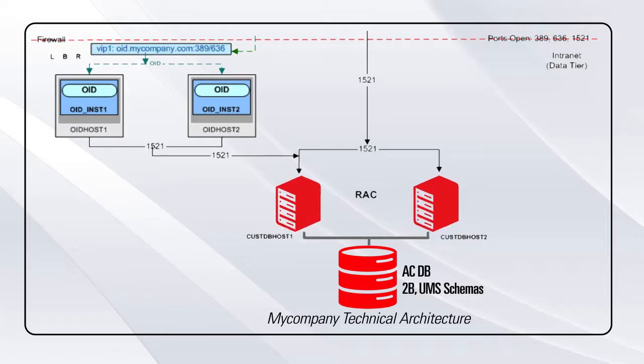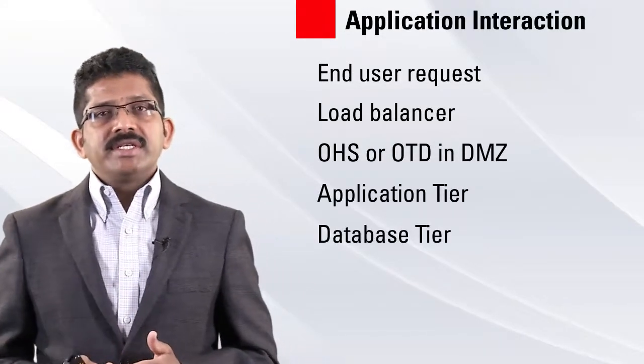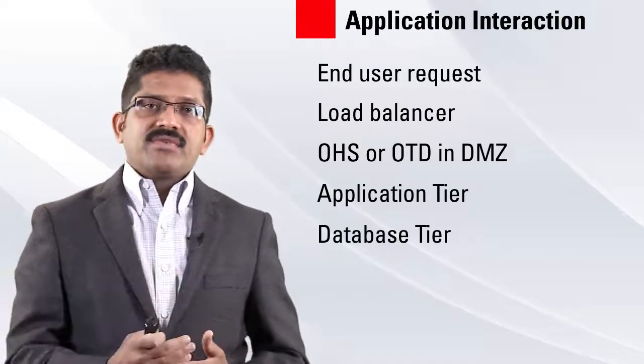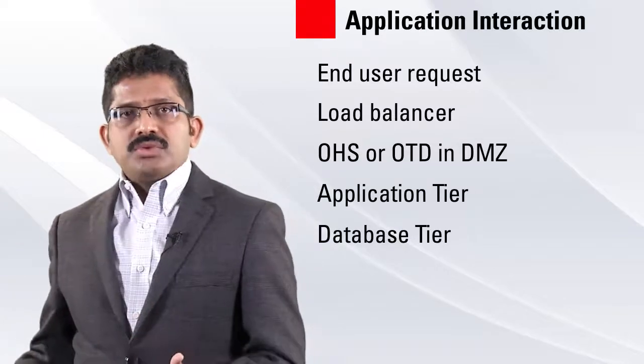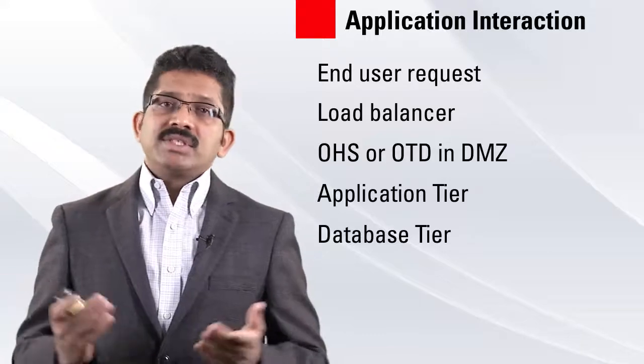We also add some rules for how the application interaction will happen in the deployment. For example, the end user request comes to the load balancer and then to the OHS or OTD in the DMZ. That is where the end user request is terminated, and OHS communicates to the application based on the user request, and the application talks to the database to get the appropriate data or to formulate the results.